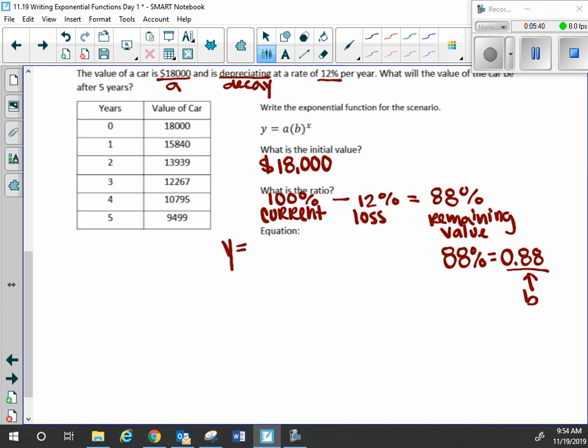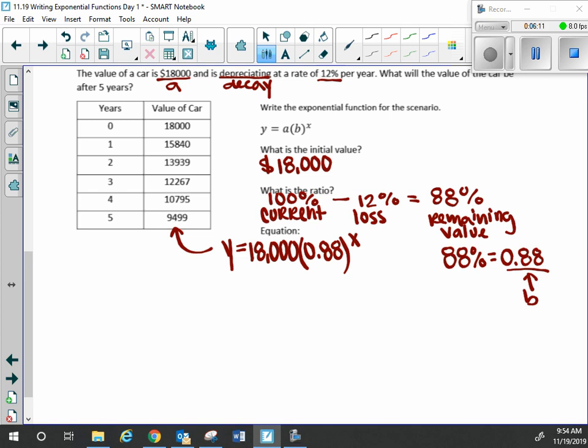Y equals 18,000 times 0.88 to the power of x. Good. Why don't y'all use that function and plug it into your calculator and see that it matches up with your table, because that would be a good way for you to check when we're not all working together.